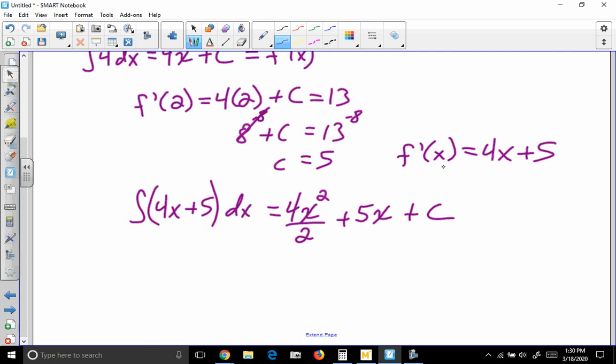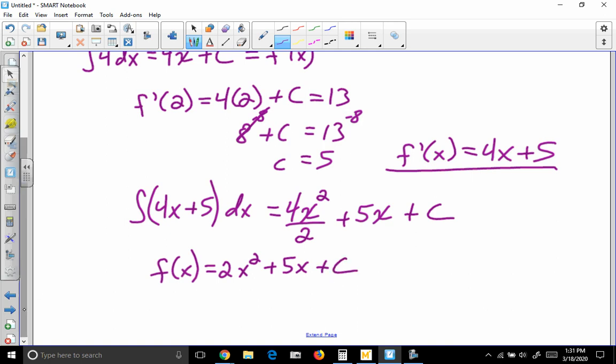This was our first derivative that we just integrated, and the integral of a first derivative is our function. So 4 divided by 2 gives us 2x squared plus 5x plus c.